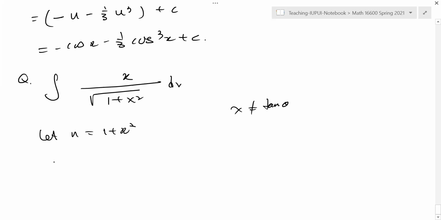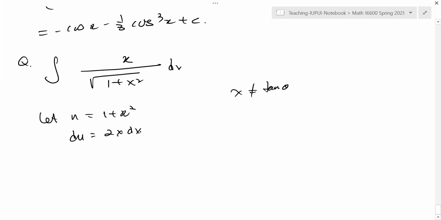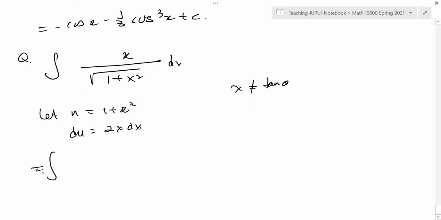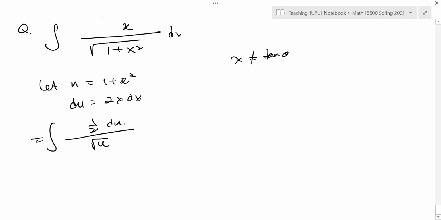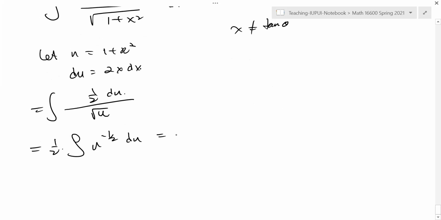So then you will get du equals 2x dx. So the integral becomes square root u and half of du, u to the negative half du. So the antiderivative, you can use this formula to find it.